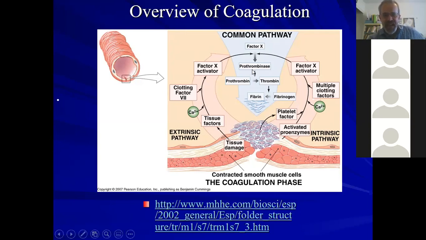Prothrombinase is an enzyme that converts prothrombin into thrombin. Thrombin itself is an enzyme that converts fibrinogen into fibrin. And that's really the final step in clot formation. Don't worry about these other factors out here, 7 and all these other things. Just focus on from factor 10 down.